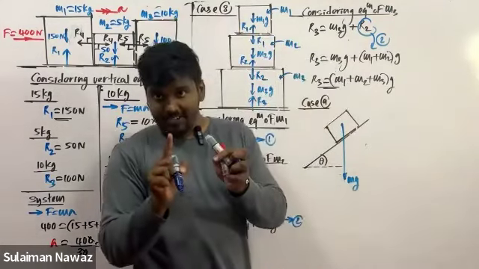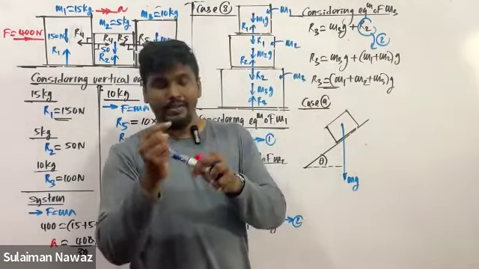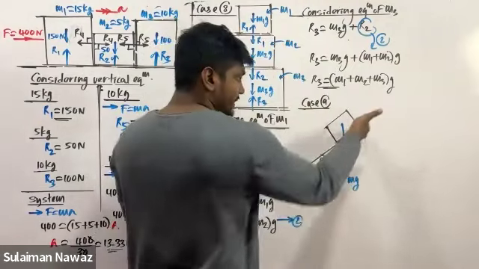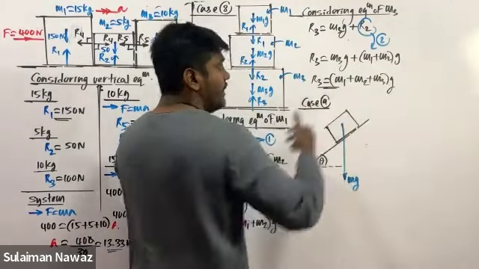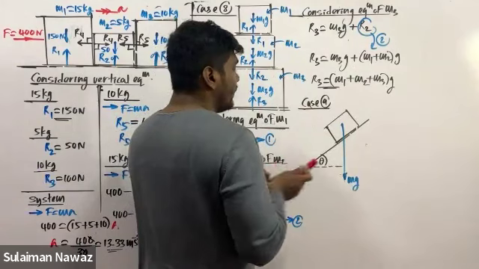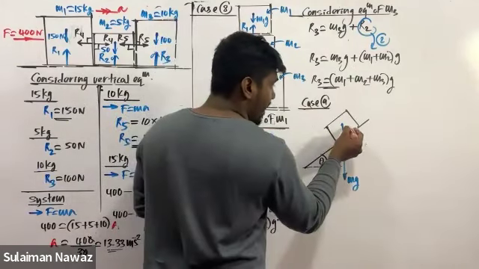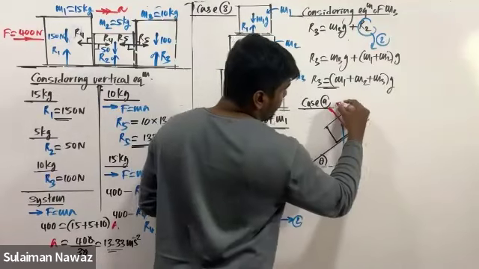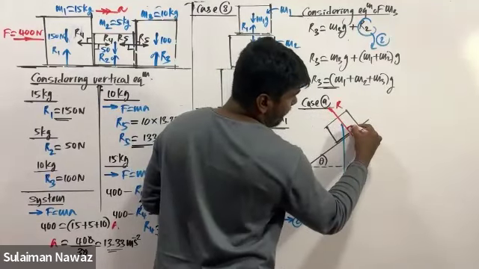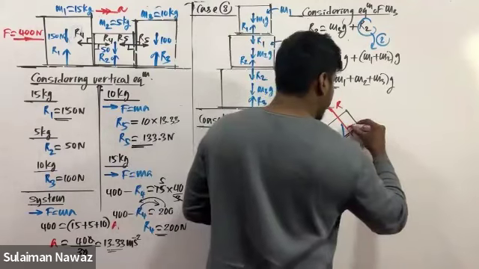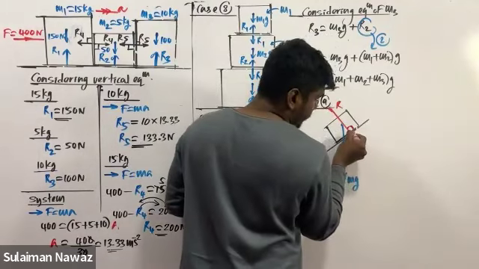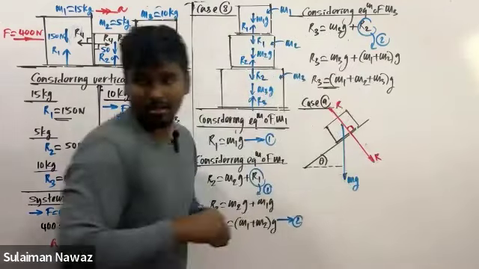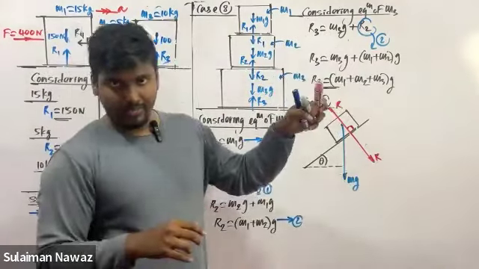But I told you the normal reaction is perpendicular to the contact surface. Always, the normal reaction force is perpendicular to the contact surface. Now this is the contact surface, inclined. If you mark the normal reaction force on this object, capital R, perpendicular, am I correct? Normal reaction force on the object by the inclined plane, capital R. So mark this diagram also, it is important.